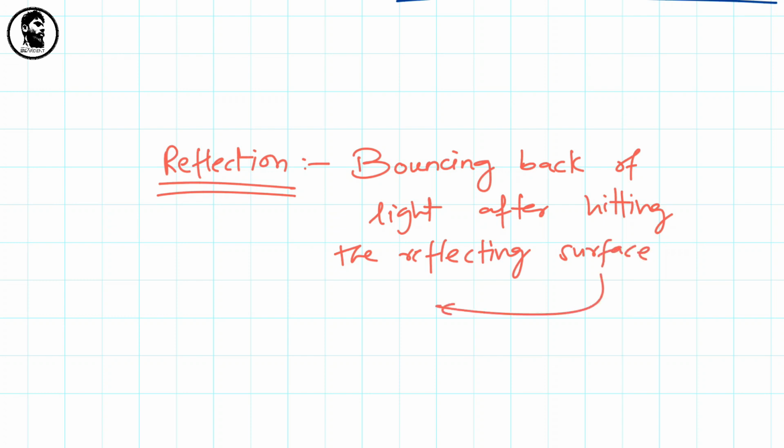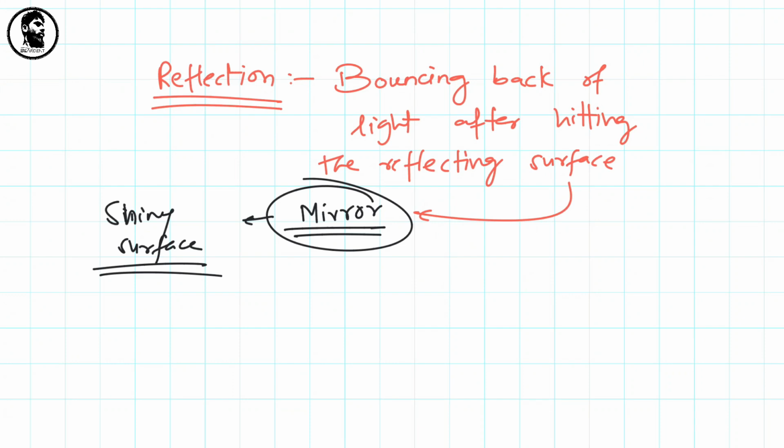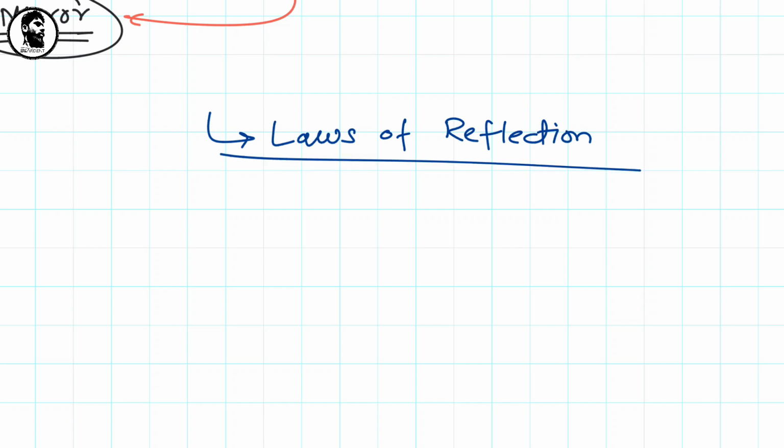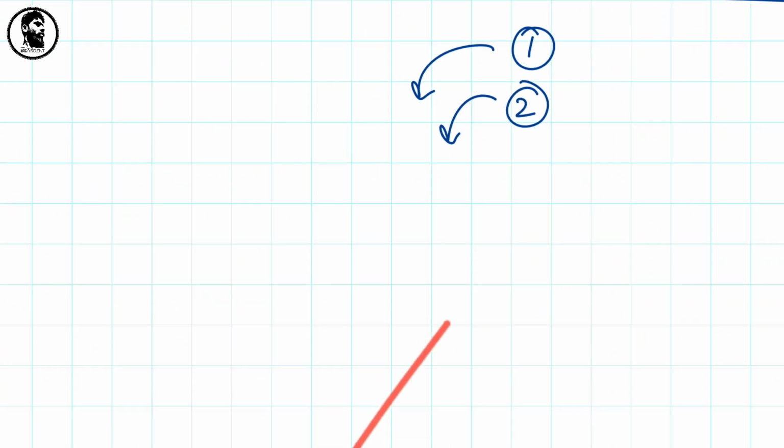One of the reflecting surfaces we know is the mirror. If you remember, in the previous class you learned about the laws of reflection. Basically, we have two laws of reflection that we are going to see now.